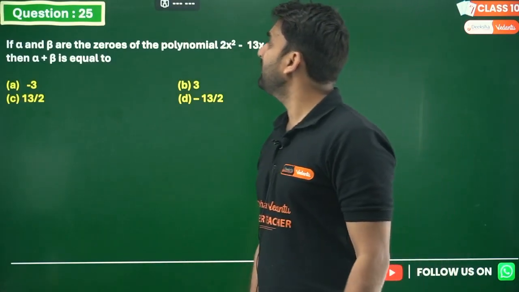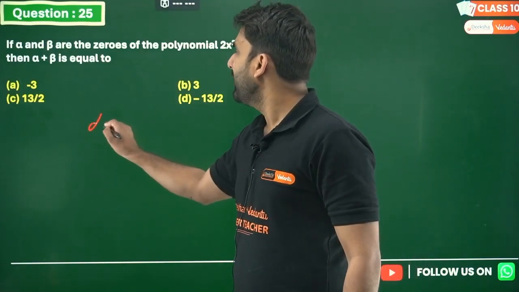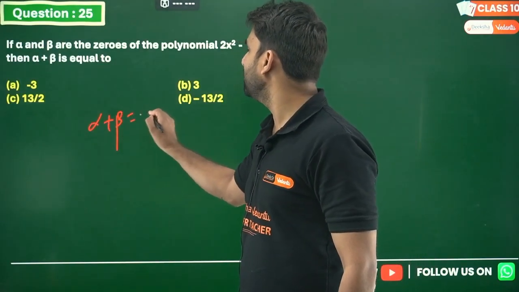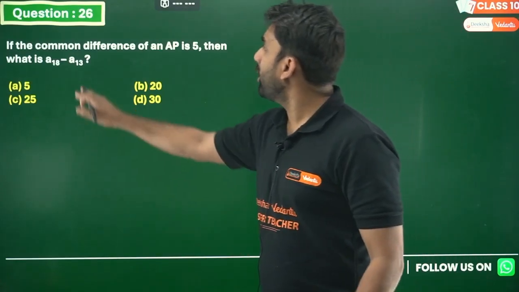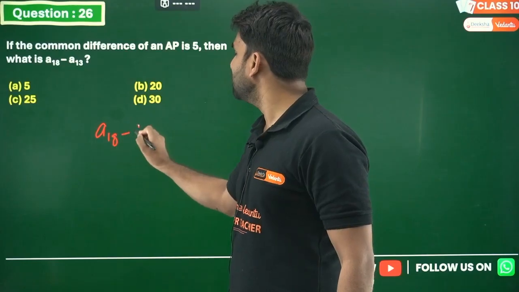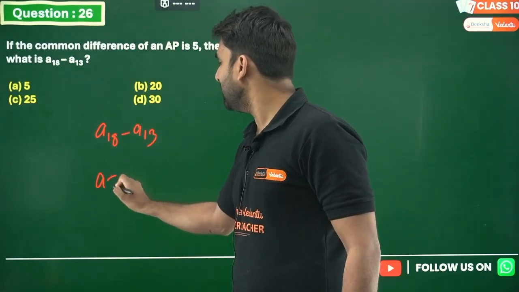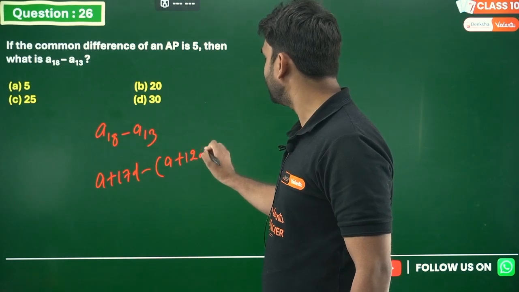Now if alpha and beta are the zeros of the polynomial, then alpha plus beta will be what? You know, the sum of roots is equal to minus b by a. Use this formula. If the common difference of AP is 5, then what will be A18 minus A13? You know, A18 can be written as A plus 17D and A13 can be written as A plus 12D, right?